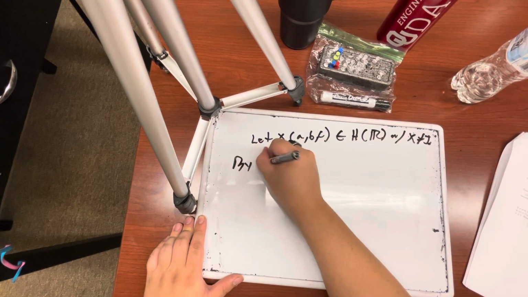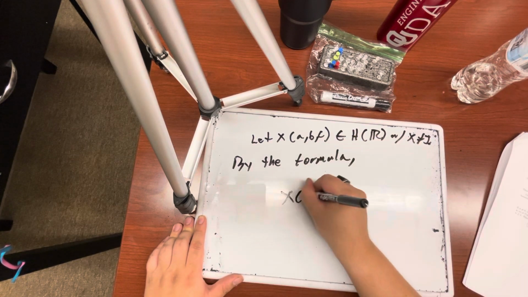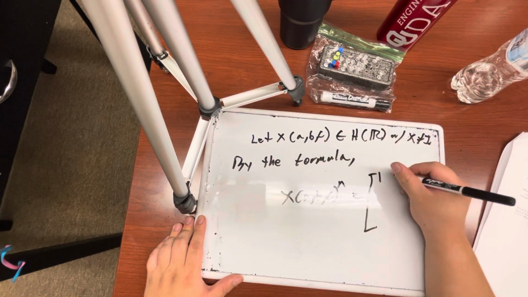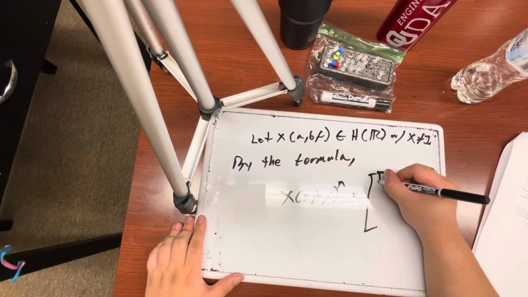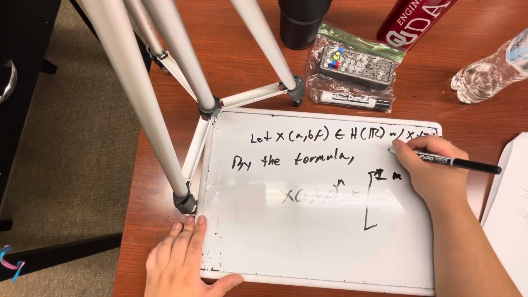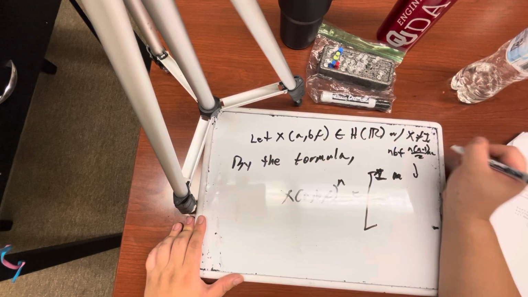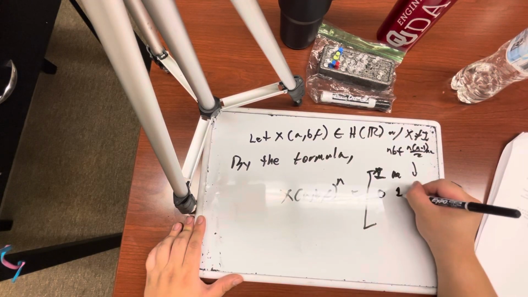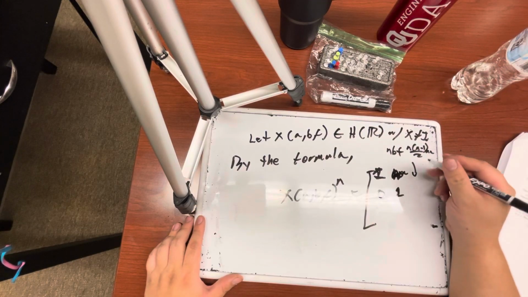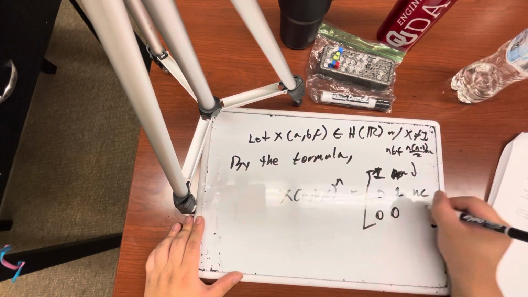Now, by the formula, which we showed was true, x of a, b, c to the n is equal to the matrix 1, na, and then nb plus n times open parentheses n minus 1 over 2 times ac, then 0, 1, nc, then 0, 0, 1.